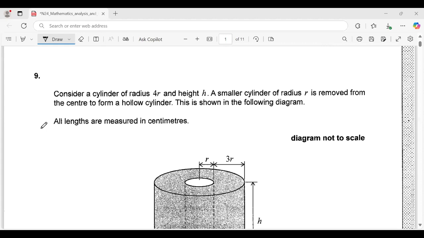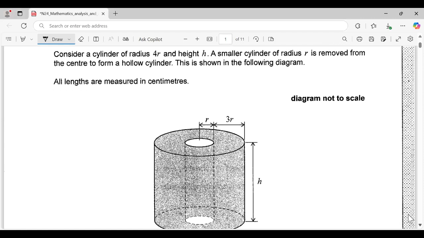Number 9, consider a cylinder of radius 4r and height h. A smaller cylinder of radius r is removed from the center to form a hollow cylinder. So there are two cylinders, a cylinder with radius 4r and a cylinder with radius r. This is shown in the following diagram.